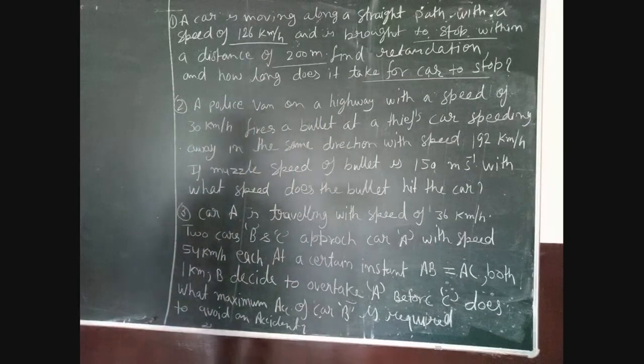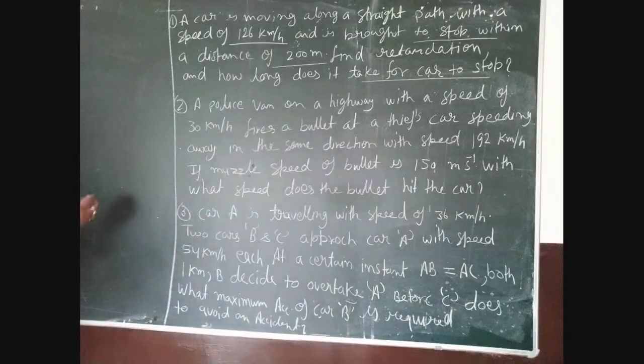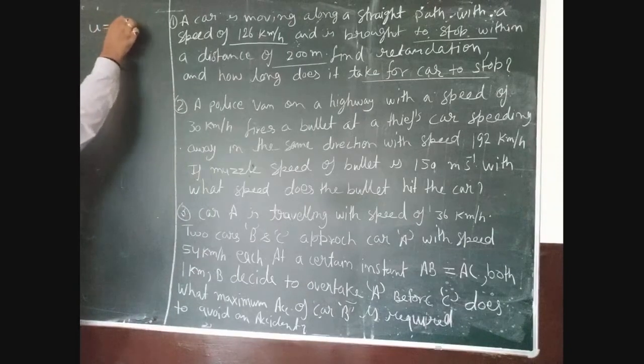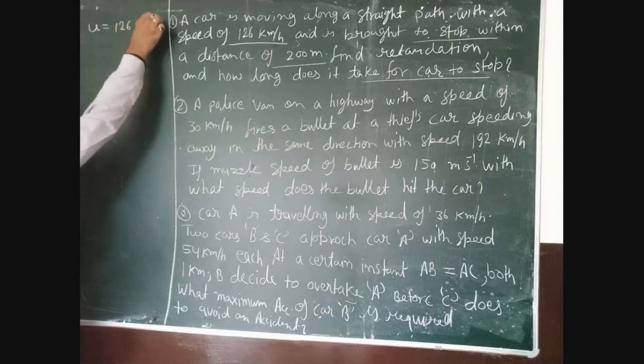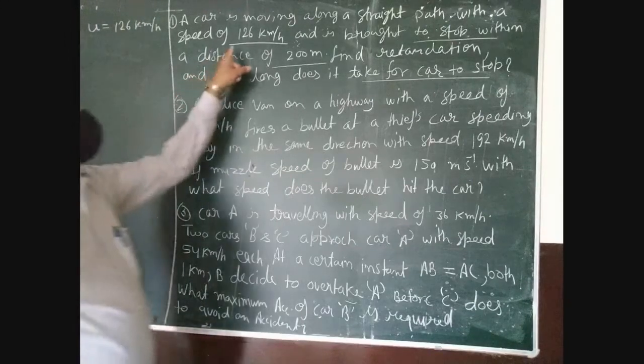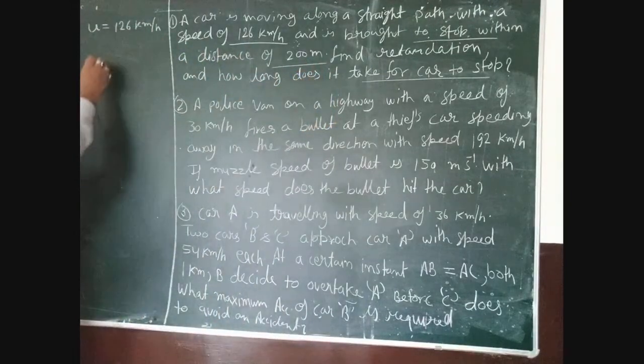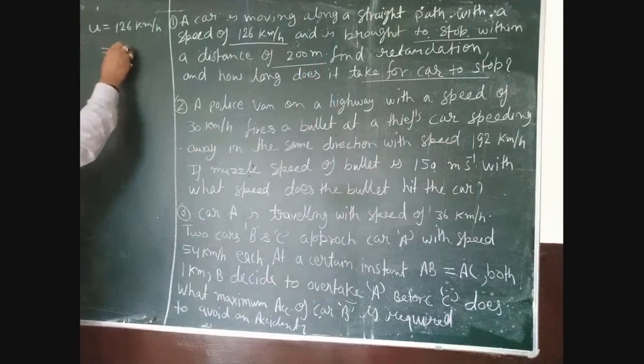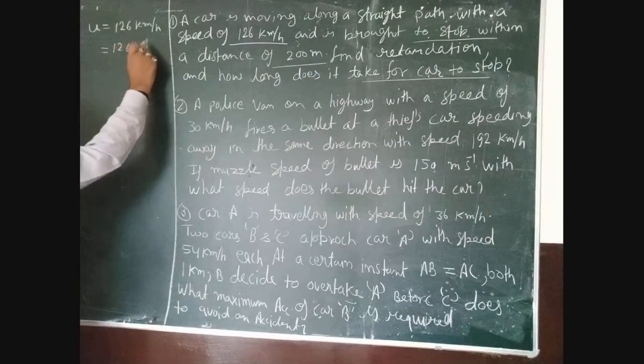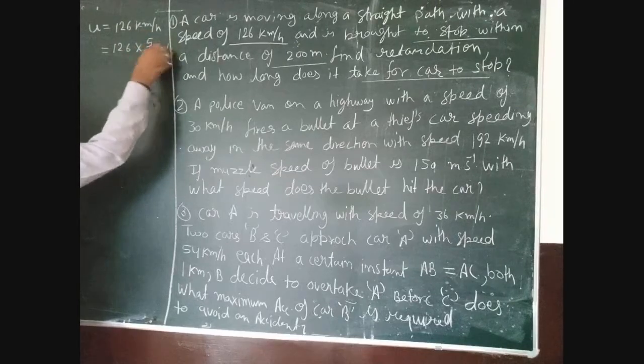Now first we write here the things which we have in the question, given. Initial velocity u is 126 km per hour. Because you have distance in meter, just convert it into meter per second by applying 126 into 5 by 18 meter per second.